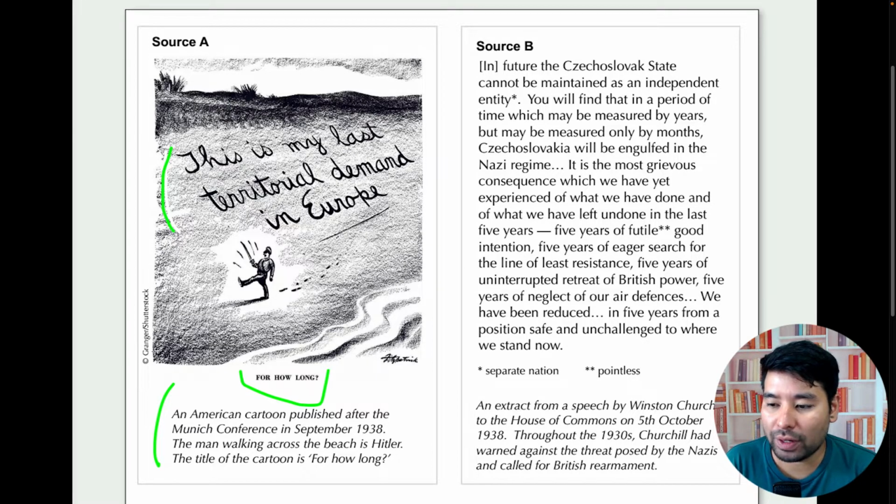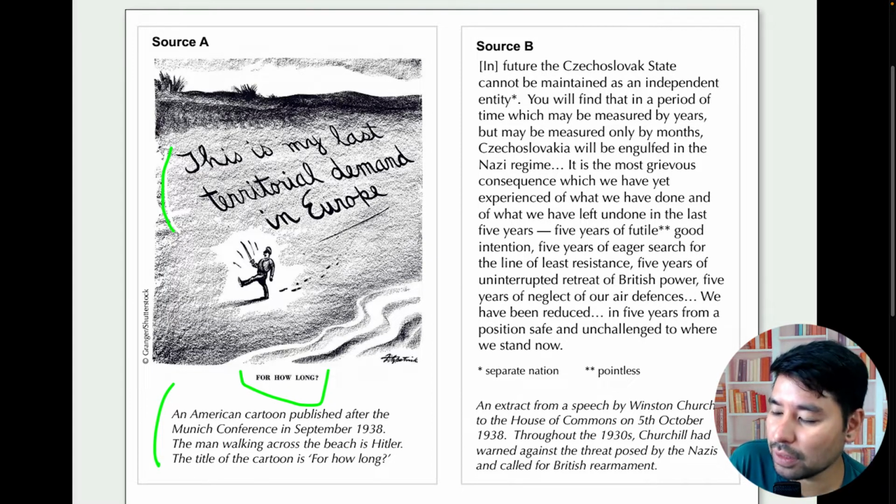The man walking across the beach is Hitler. The title of the cartoon is "For How Long?" So the question that we have seen is the title. This is the first source, and this is what we're gonna analyze. When we have a picture, of course, we have to consider the picture as well, not only what is written, but also the picture and the sentence.